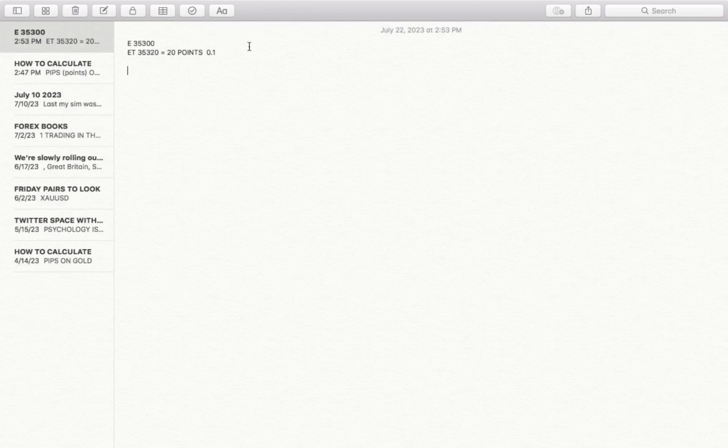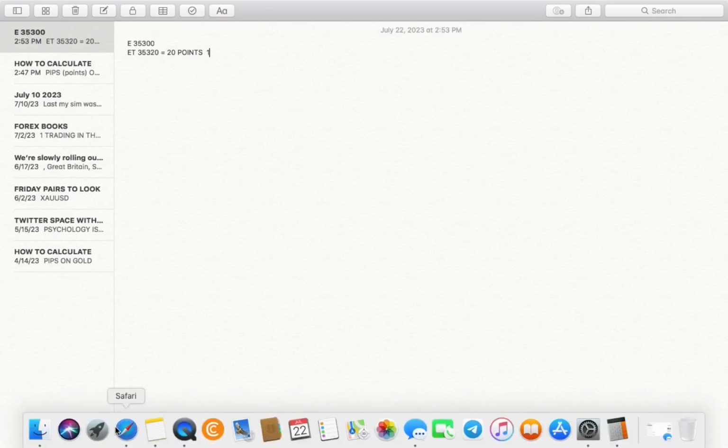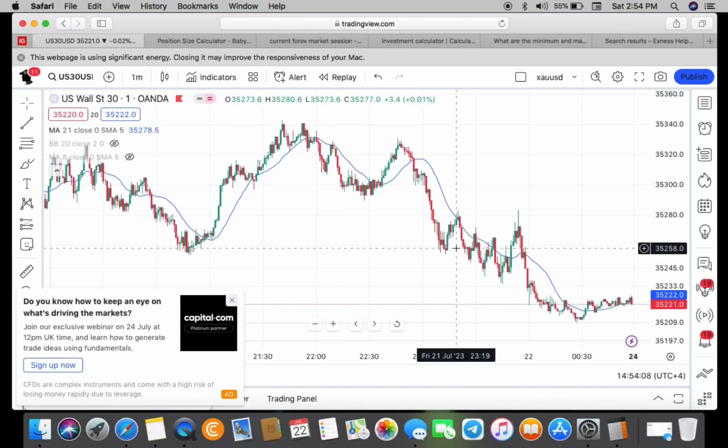One lot size definitely is going to be equal in US30 to $1 per point, right? So if you are using one and it moves 20 points, we're going to have $20 from what I've just explained, right? So this is a clear example, guys.